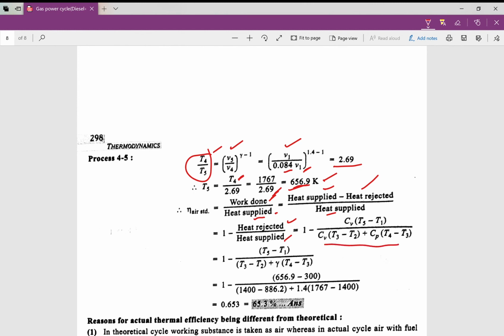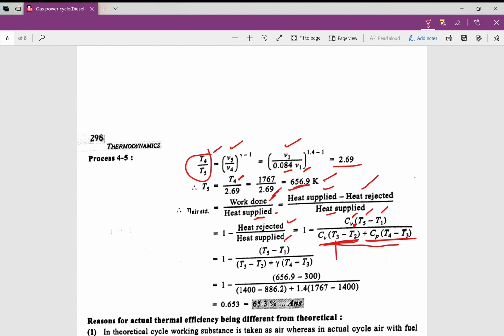Heat rejected takes place in process 5-1, Cv (T5 minus T1). Heat rejection takes place at constant volume. And heat supply is taking place in both, this is for your constant volume and this is for your constant pressure.